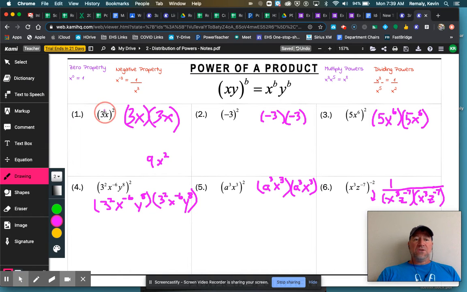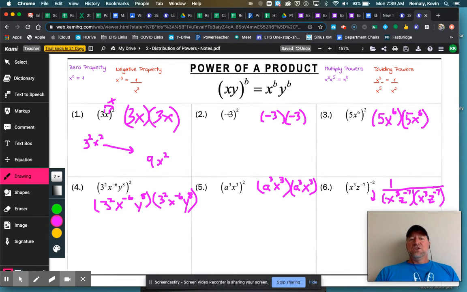Well, I could assign each of these exponents a value of 1, and then I can distribute this 2. Remember, whenever we distribute, we always multiply. So that would leave us with 3 squared times x squared. All I did is 2 times 1, 2 times 1, and that simplifies to 9x squared.